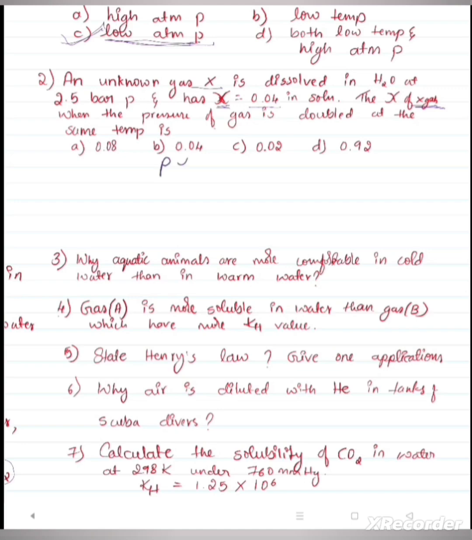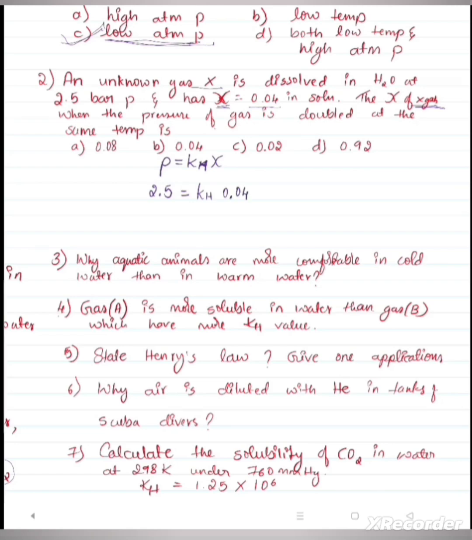P is directly proportional to mole fraction: P equals KH into mole fraction, where KH is Henry's constant. Pressure they gave is 2.5 bar, KH we don't have, and the mole fraction is 0.04.